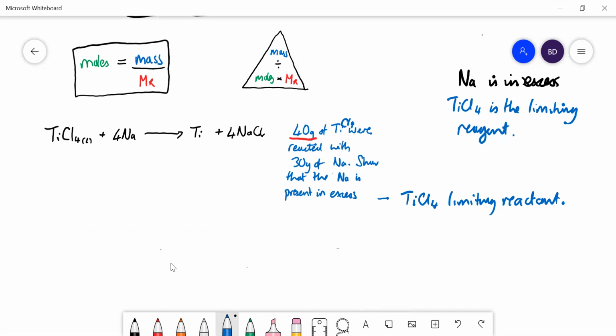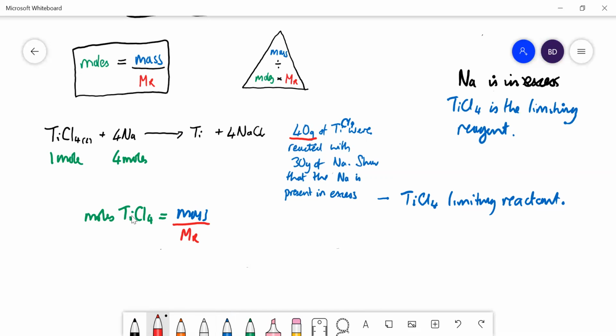Right, so we need to work out the number of moles of titanium chloride. And we know that for every 1 mole of titanium chloride, we are going to need 4 moles of sodium. So moles of titanium chloride is equal to mass over Mr. The Mr of titanium chloride: titanium is 48 and chlorine is 35.5, so 4 times 35.5 plus 48.